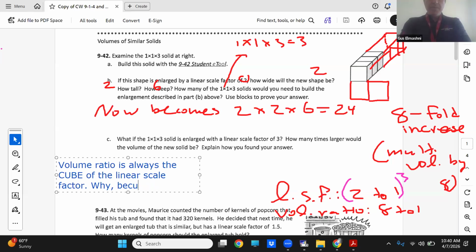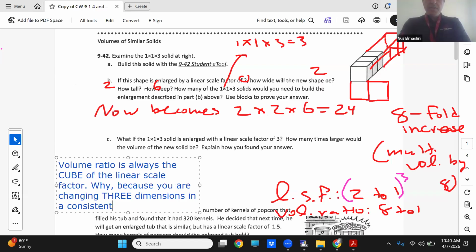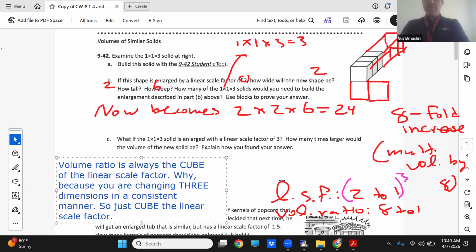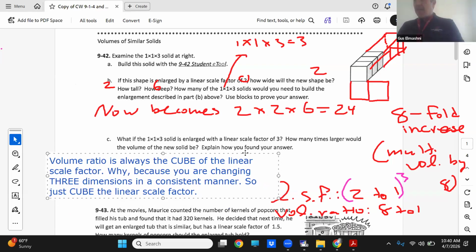Because you are changing 3 dimensions in a consistent manner. So just cube the linear scale factor. That is the whole essence of this lesson today. That is it. Just recognize that.